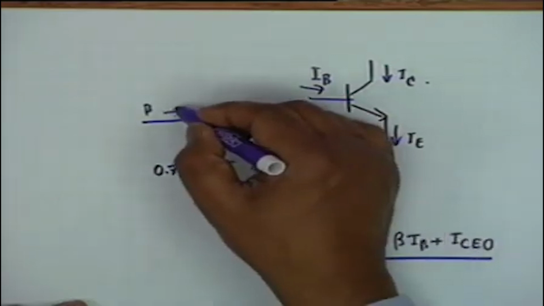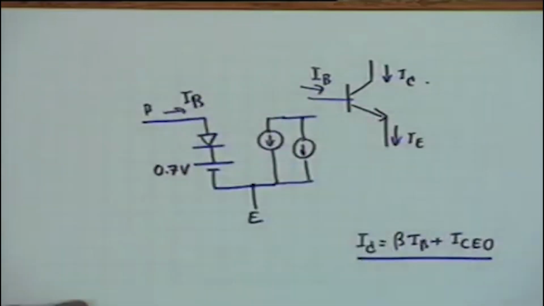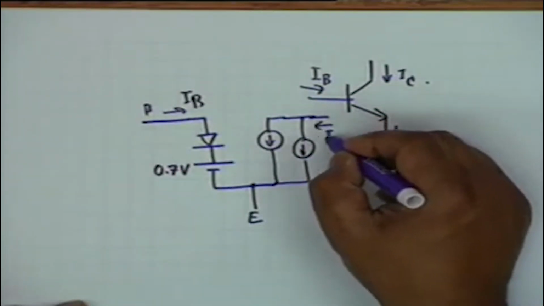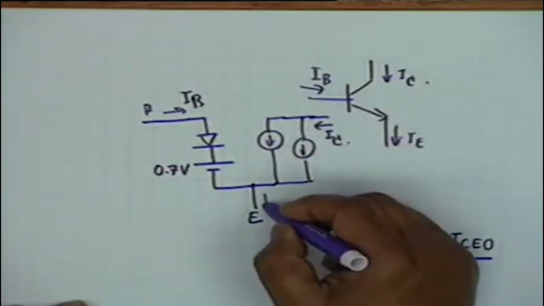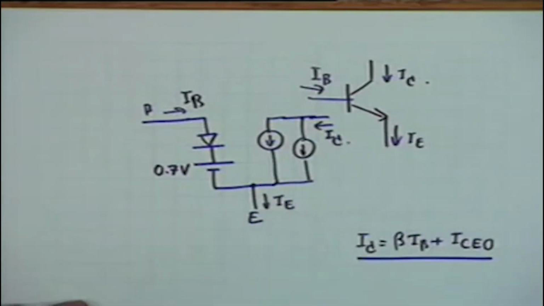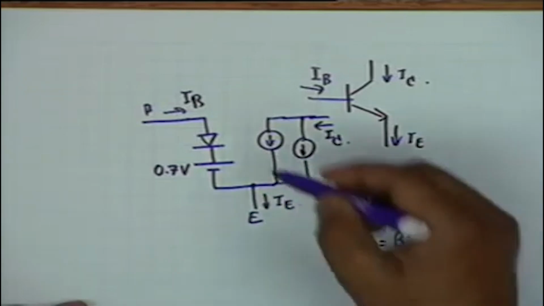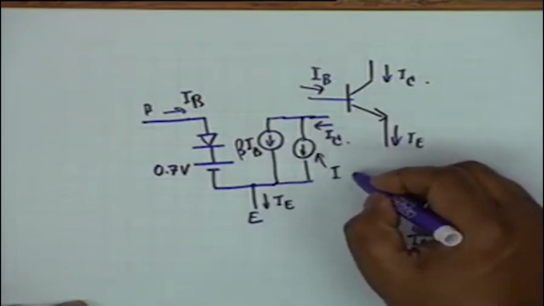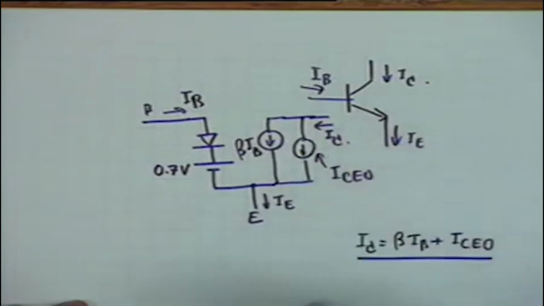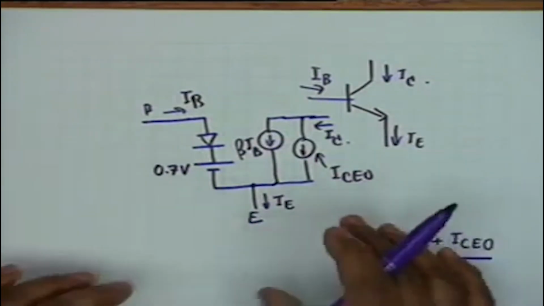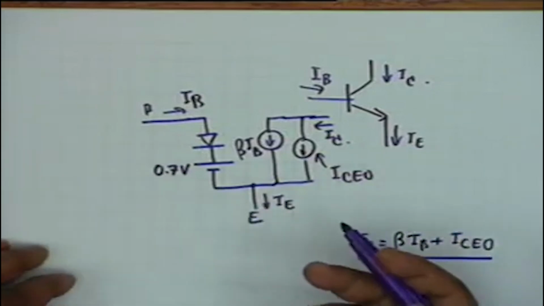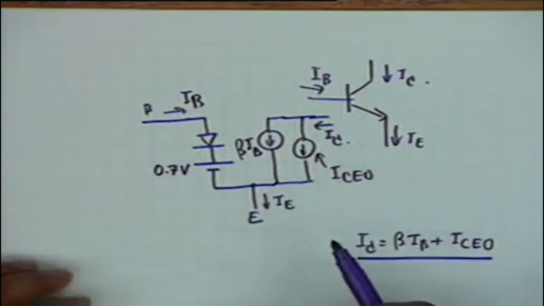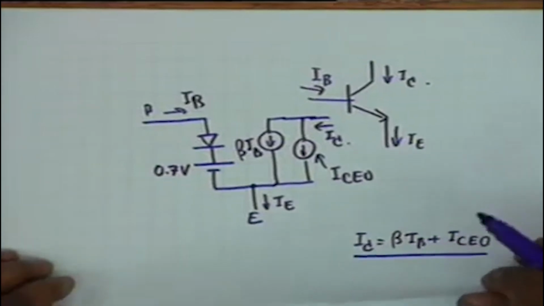This current is IB, the input current, this current is I sub C, this current is I sub E, and the two current generators would be beta IB and ICEO. This is the simple DC model of the common emitter transistor, and in any circuit analysis, you can utilize this equivalent model. Then life becomes very simple.